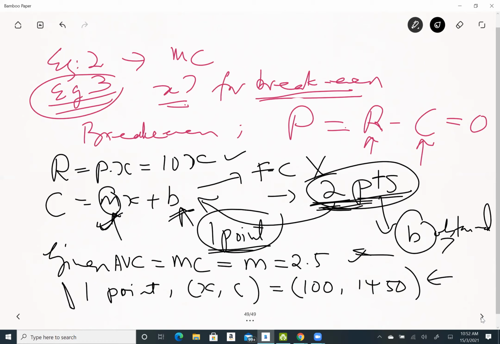You are given 1 point, you know the slope, get the cost function. Don't look at the book, okay? If you look at the book it's easy to just look at the book. Do it on your own.